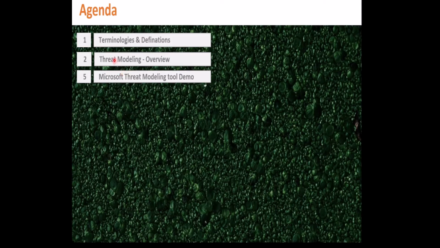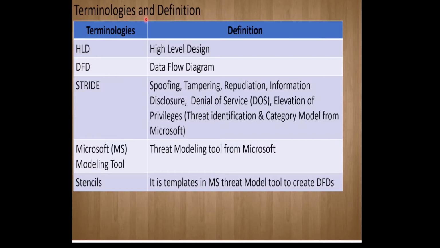Okay, the agenda: terminologies and definitions, threat modeling overview, Microsoft Threat Modeling Tool, and demo. This is the agenda we will see today. Terminologies and definitions: HLD, high level design; DFD, data flow diagrams; STRIDE: spoofing, tampering, repudiation, information disclosure, denial of service, elevation of privilege.